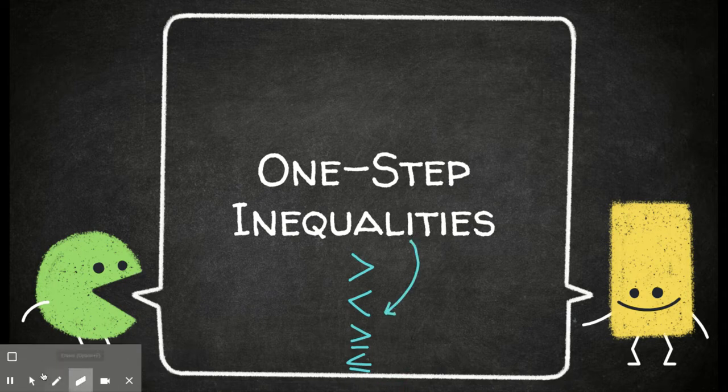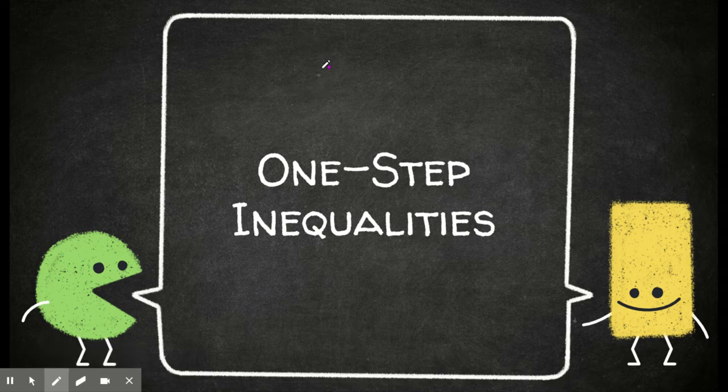Just to review very quickly before we get into how to solve one-step inequalities, let's review a little bit about inequalities. Remember, if we wrote something like x is greater than 4, what we are saying is that any number that we put in for x has to be greater than 4.